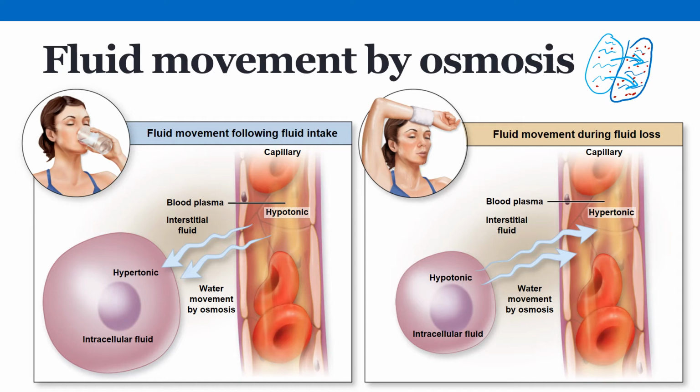When you've taken in some fluid, let's say you're drinking some water just before you exercise, as is the case over here in the picture to the left, that fluid that you drink gets absorbed by your digestive tract into your blood. As it circulates, that makes the blood more like this compartment over here that has more water and less solute.